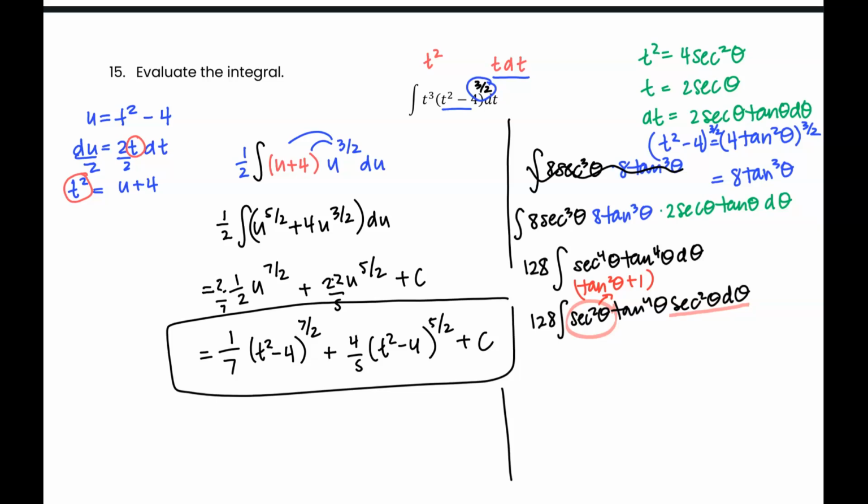All right, so if I want to do a u sub now, I'm not going to write out my u and all that, but I have a 128. I have a u squared plus 1, a u to the 4th, and I have my du because the secant squared is the derivative of tangent.